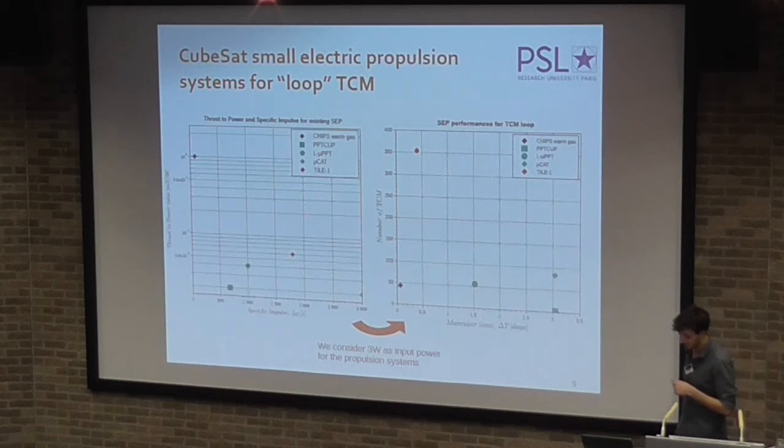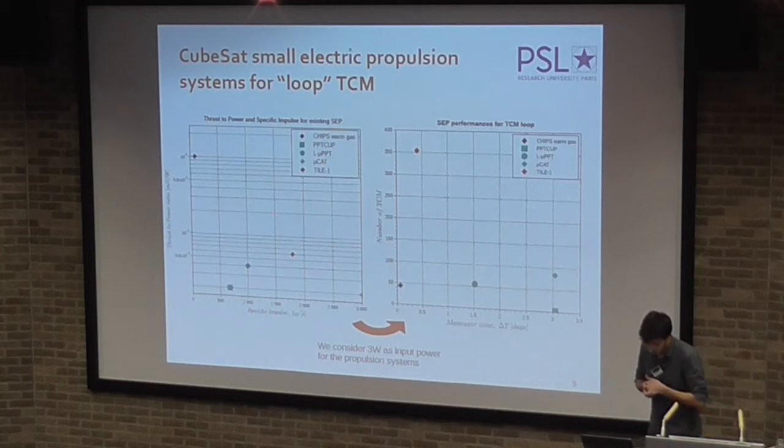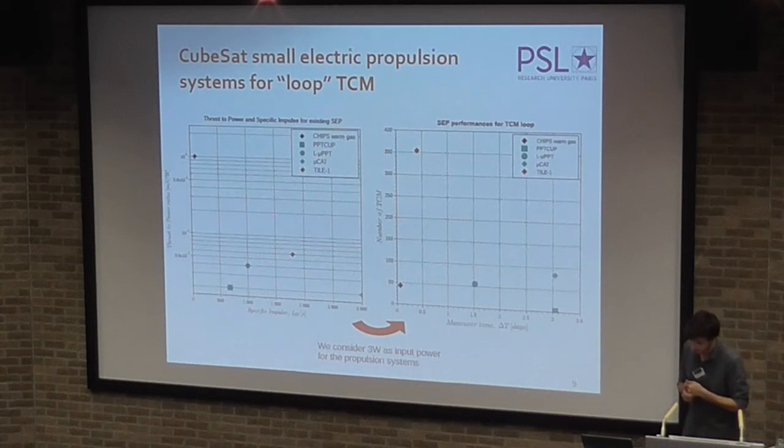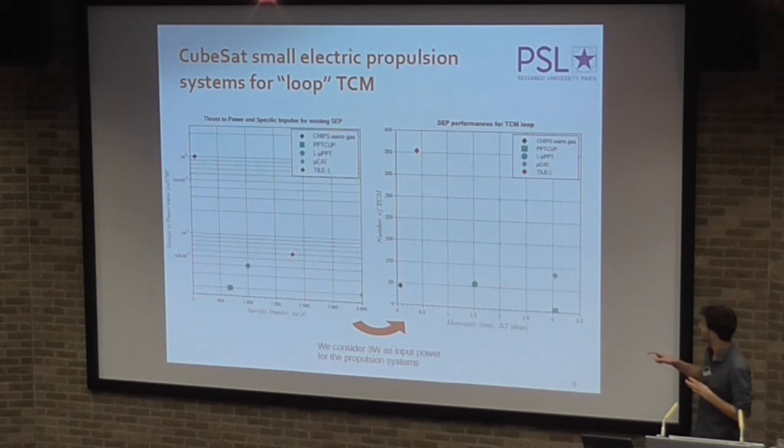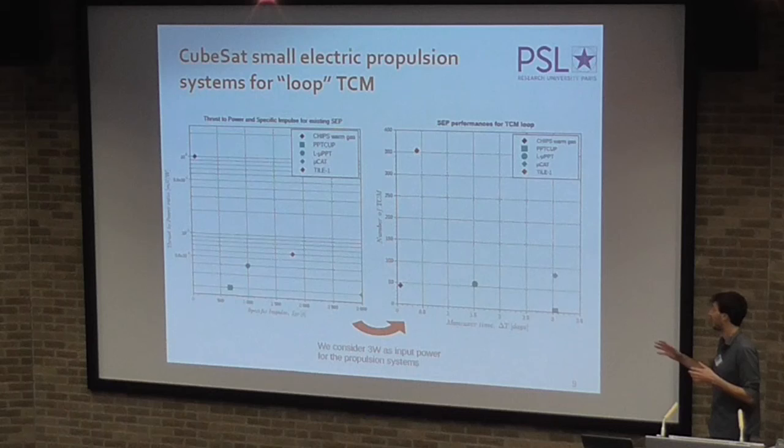So what you want is to have the lowest thrust to power ratio and the highest ISP. And if we consider that we have 3 watts, this was a previous study, but using 3 watts, what we get is that for our specific TCM, depending on the propulsion system that we use, it will take us between a fraction of a day and up to 3 days to perform our trajectory.